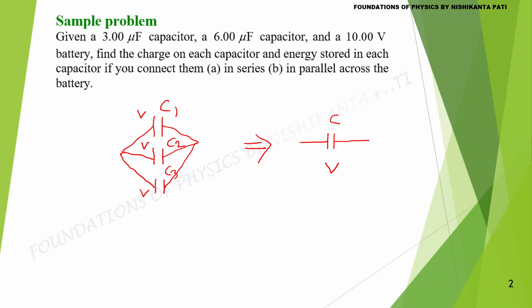If Q is the charge on this effective capacitor, Q1 is the charge on the first capacitor, Q2 is the charge on the second capacitor, Q3 is the charge on the third capacitor, then Q is equal to Q1 plus Q2 plus Q3. This is the principle behind the parallel grouping of capacitors.